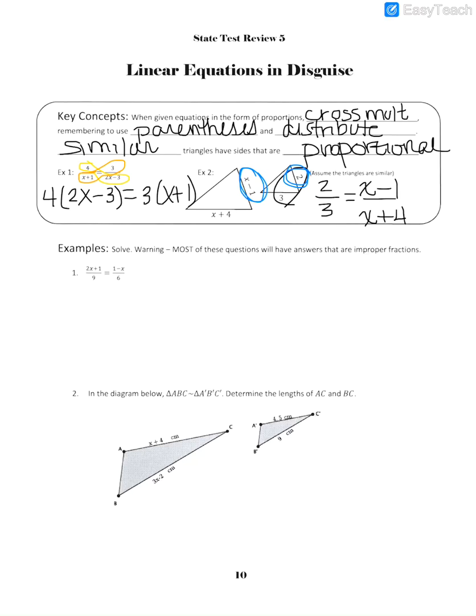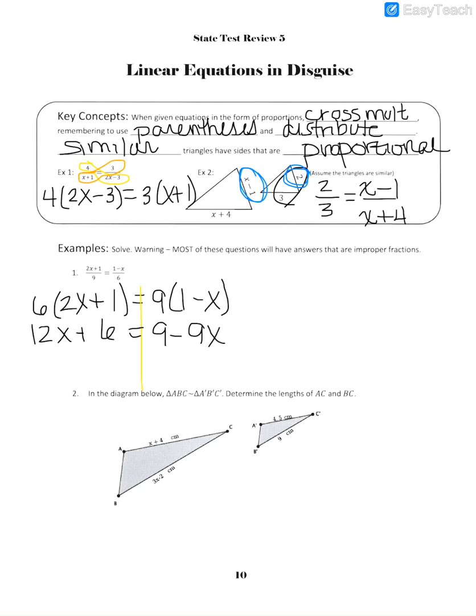All right, let's go ahead and try number 1. We're going to cross multiply. So we have 6 times 2x plus 1, 9 times 1 minus x, distribute. So this gives me 12x plus 6 equals 9 minus 9x.